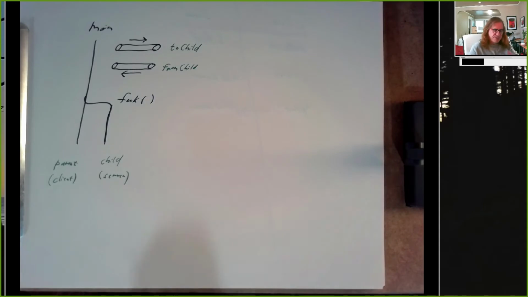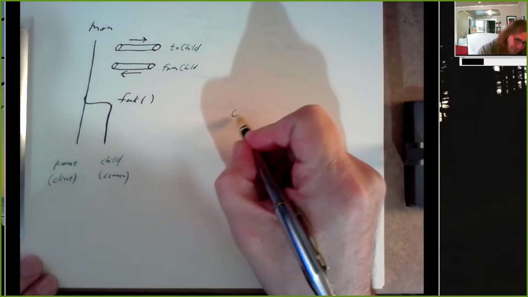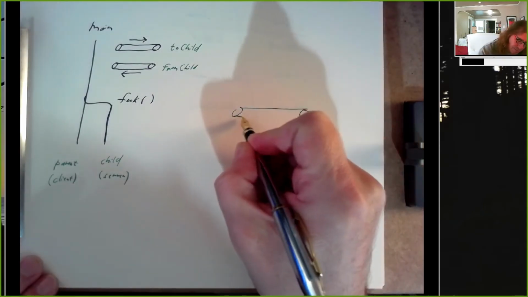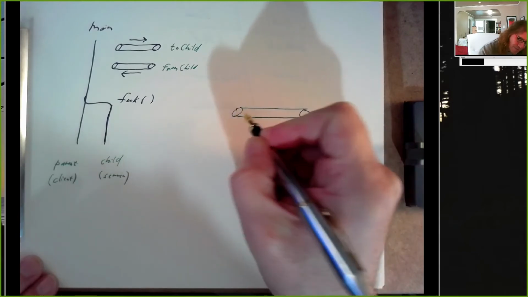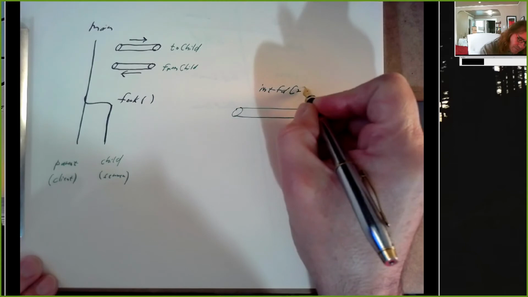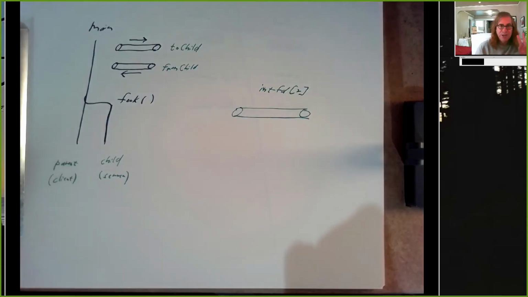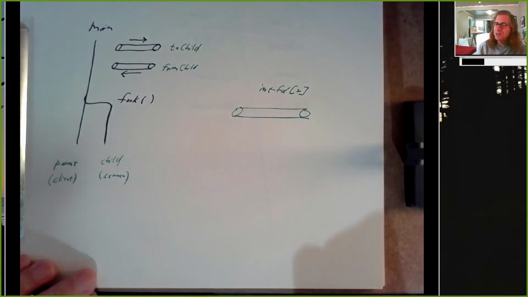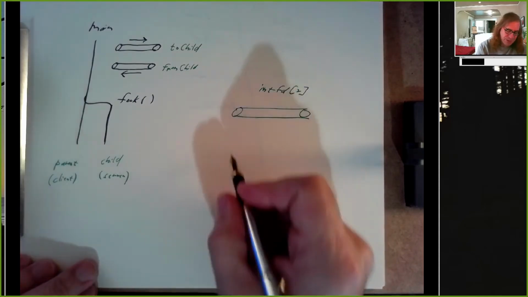All right, so things to keep straight. When we have a pipeline that's created with the pipe command, there's a pair of integers stored in a 2-element array that are associated with this pipe.